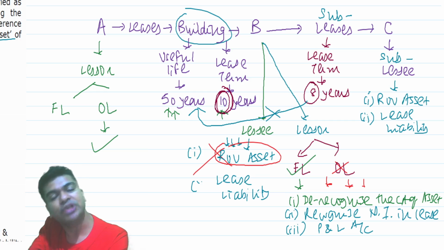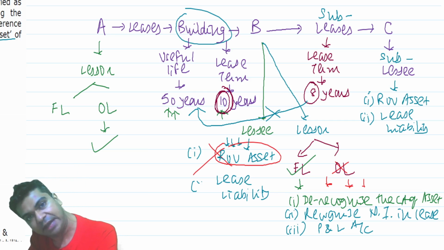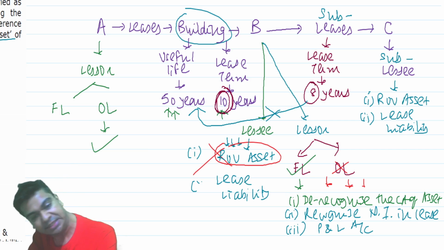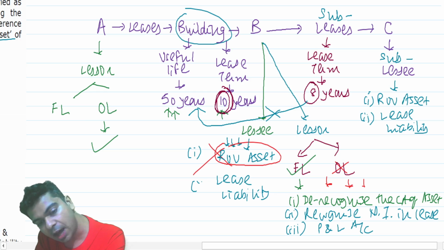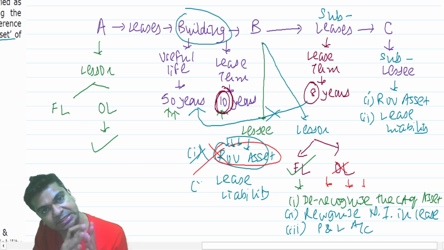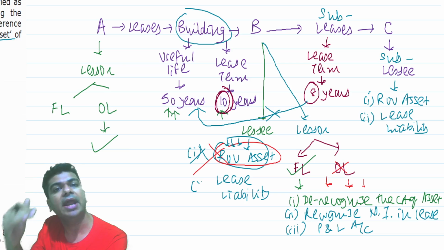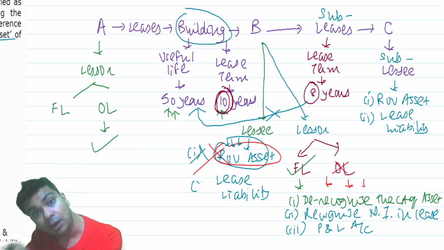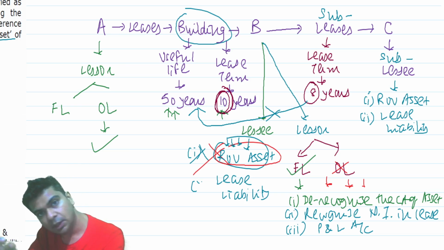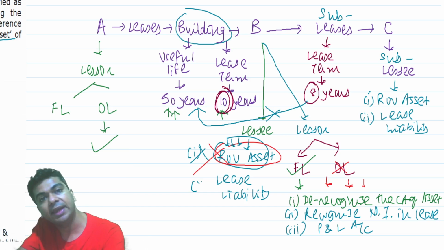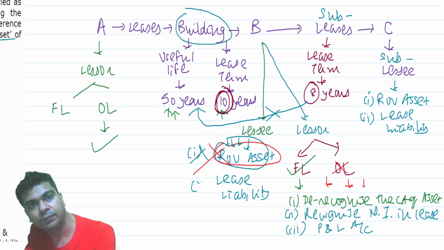The moment you classify this as a finance lease, you first de-recognize the ROU asset, and the net investment in lease will be recognized. So net investment in lease account debit, ROU asset credit, and whatever is the difference between the two is gain or loss, which will be recognized in the profit and loss account.